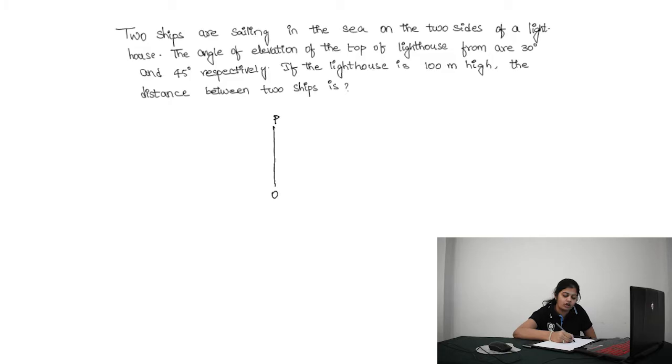Two ships are on each side of the lighthouse, one making an angle of elevation of 30 degrees and the other 45 degrees. Let us assume the positions of the ships are A and B. The lighthouse is 100 meters high. We need to find the distance between the two ships, that is AB according to the figure.